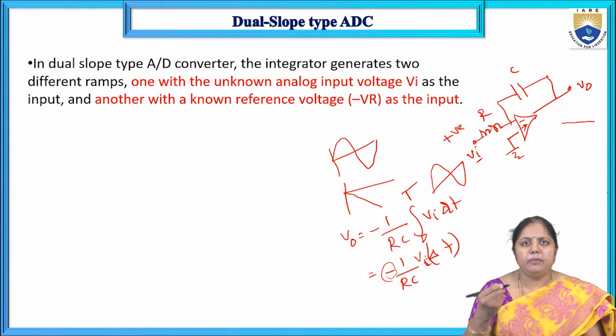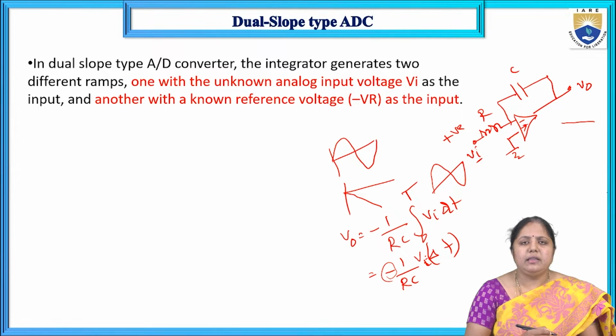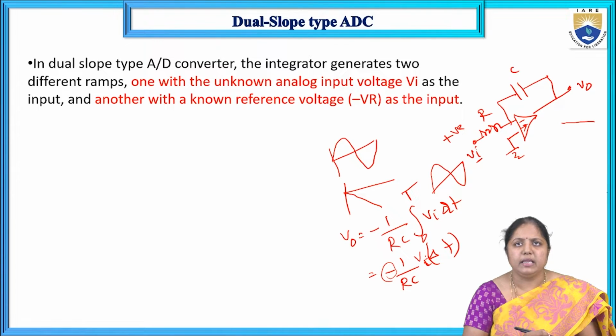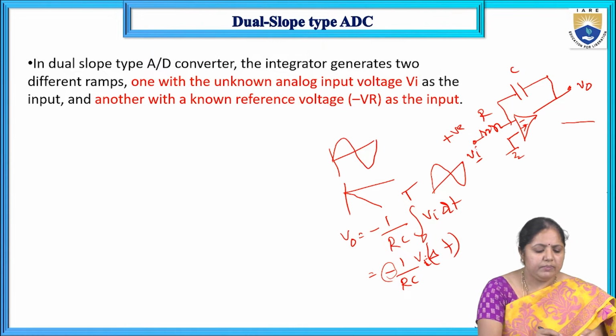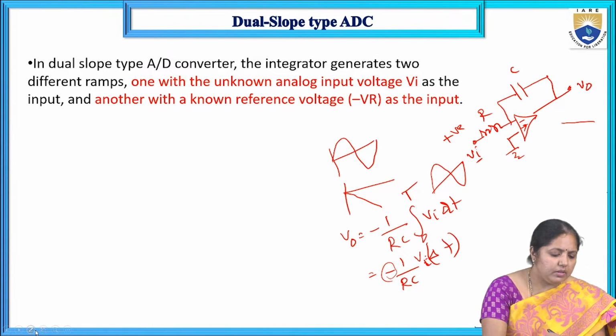If I give a negative input for the integrator, I will get a positive ramp. So this is a small introduction about this integrator circuit.